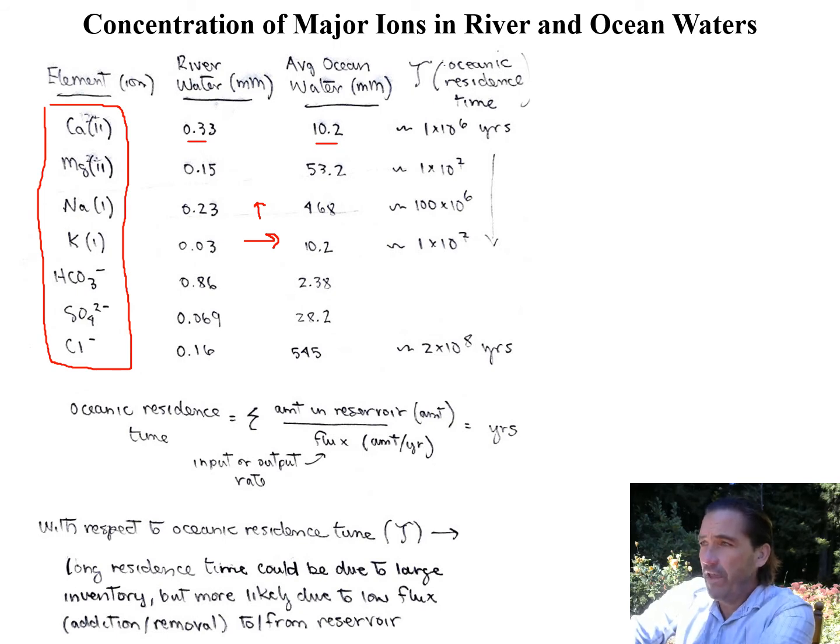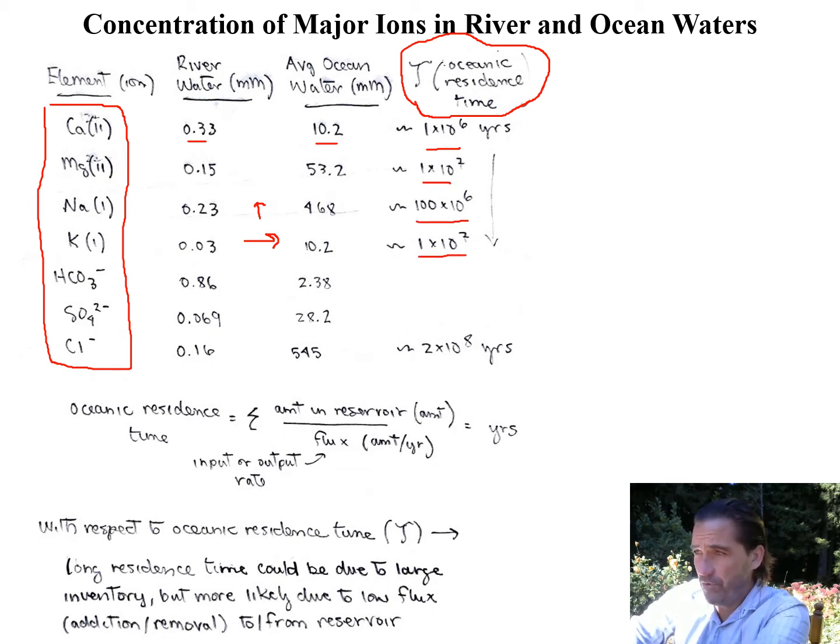And so when we look at the residence time of these elements within the ocean, we see that they spend a very long time in the ocean. And so we haven't talked much about elemental cycling of elements like these, but you should note that these elements have cycles that are on the scale of tens or hundreds of millions of years.